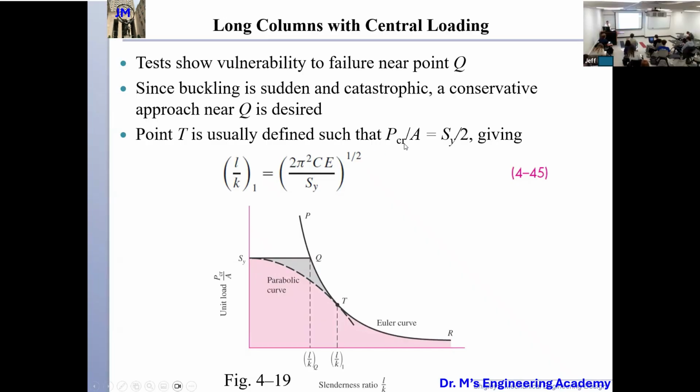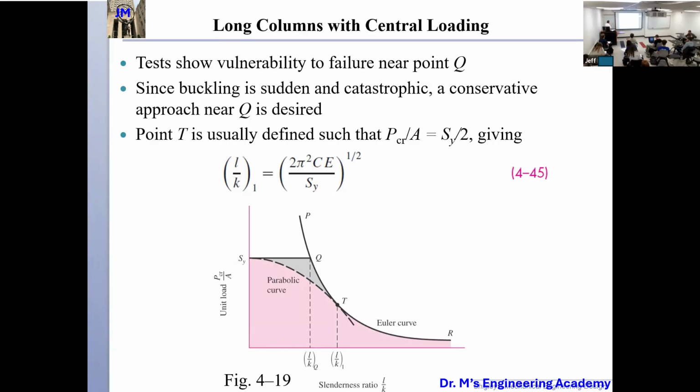Our assumption is that at T the critical unit load is half of the yield strength of your material. Using this, we can calculate L over k, and we call this (L over k)_1. It equals the square root of 2 pi squared C E over S_Y.